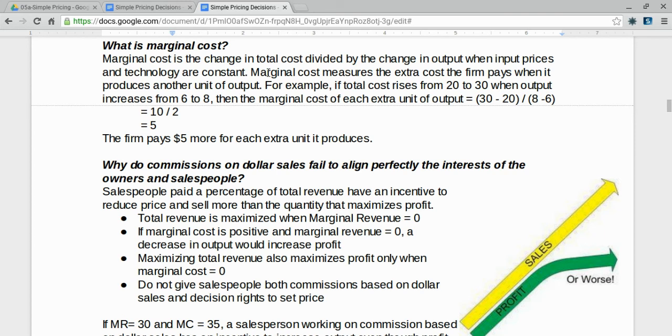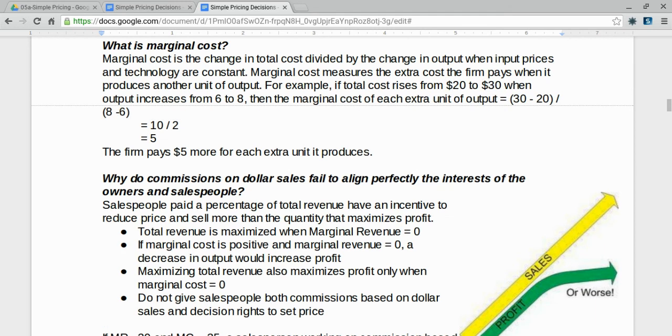For example, if total cost rises from $20 to $30 when output increases from 6 to 8, then the marginal cost of each extra unit of output is $30 minus $20 divided by 8 minus 6, which is $10 divided by 2, which is $5. The firm pays $5 more for each of the 2 extra units it produces.